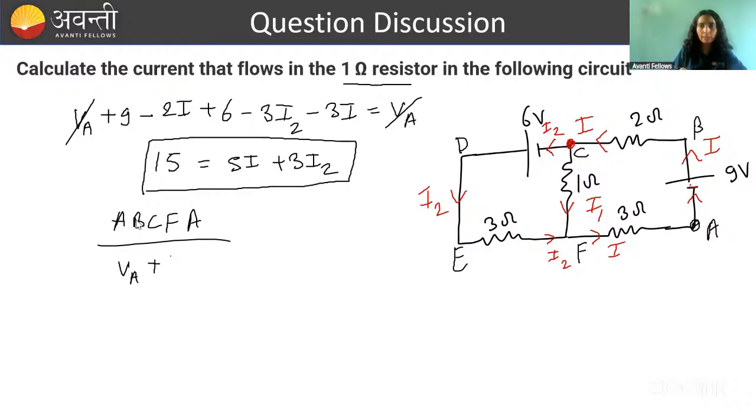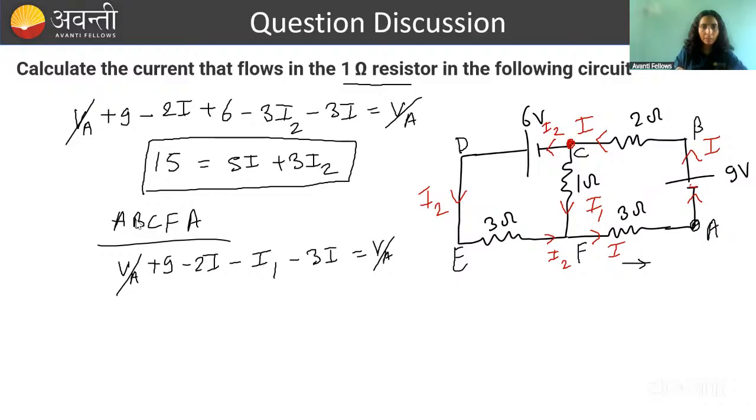VA plus 9 minus 2I minus I1, because here this is 1 ohm, and then this side you will go. We are moving in the direction of current, so minus 3I, and this is equal to VA. Okay?